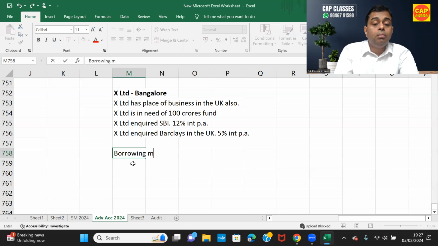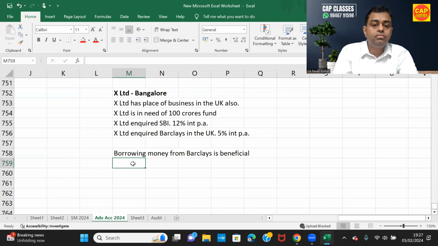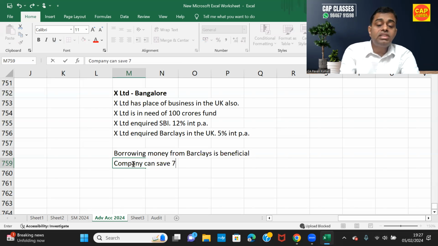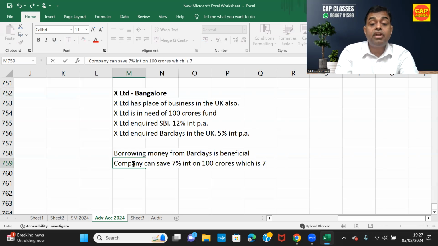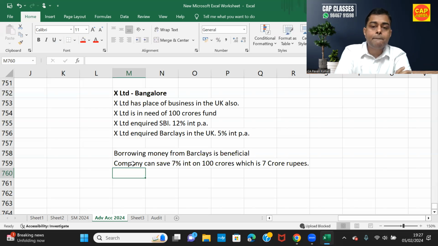Obviously, borrowing money from Barclays is beneficial. So the company can save 7% interest on 100 crores, which is 7 crore rupees. Why do you want to lose that? So do you understand the logic? Why does a company borrow money in foreign currency?